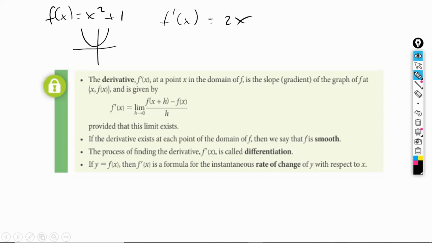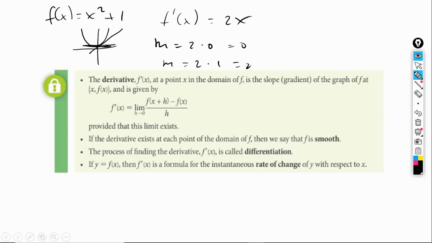Graphically, what this means is that, for example, at 0, remember that the slope would be 2 times 0, so 0. That means that at point 0, the slope of the tangent line would be 0. And we saw that at 1, the slope would be 2. So that means that at point 1, you have a slope equal to 2.